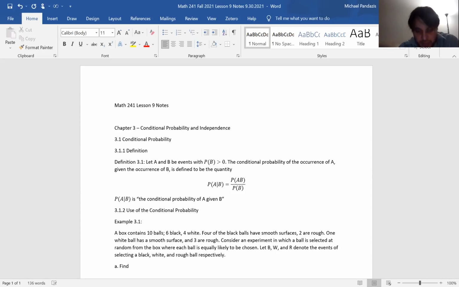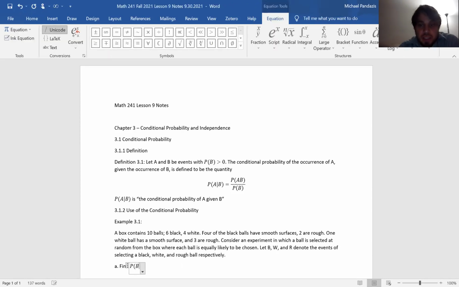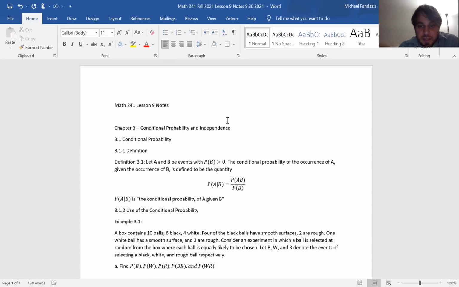A: find the probability of selecting a black ball, a white ball, a rough ball, a black rough ball, and a white rough ball.